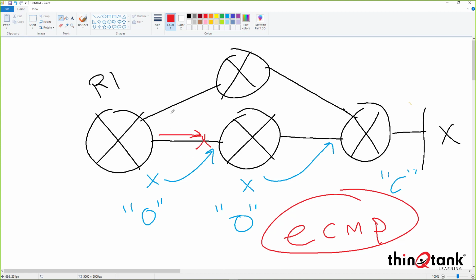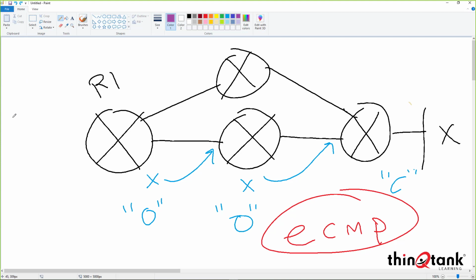Now I could do floating static routes and use this as an alternate, but again, if I define a static route here, then I have to define a static route here, and here, and here, and here. So it's not very scalable. Defining static routes is not very scalable. That's why we like to use dynamic routing protocols.